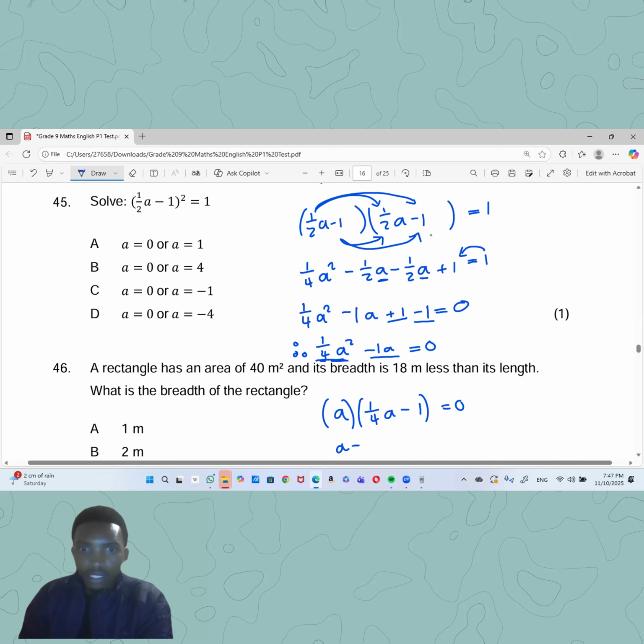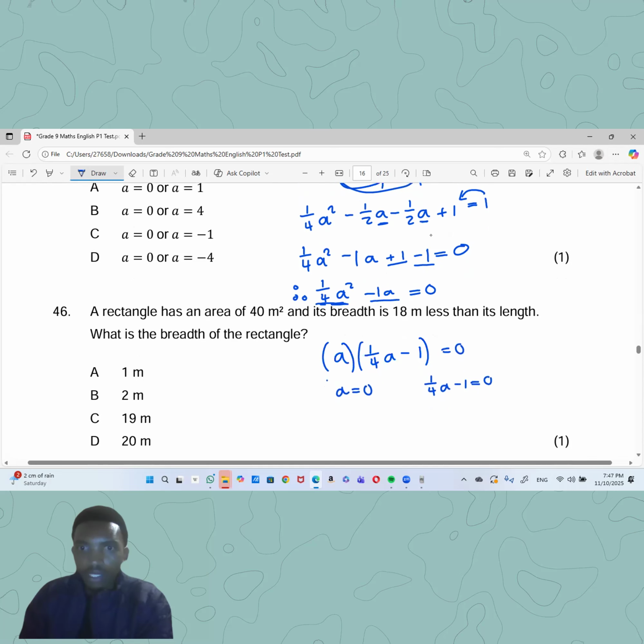So finally, a is equal to 0, that first bracket is equal to 0. And then this bracket as well, which is 1 over 4 a minus 1 is equal to 0. We take this over to that side. We're going to have 1 over 4 a is equal to 1. And then how do we get rid of a quarter? What's the multiplicative inverse of 1 over 4?